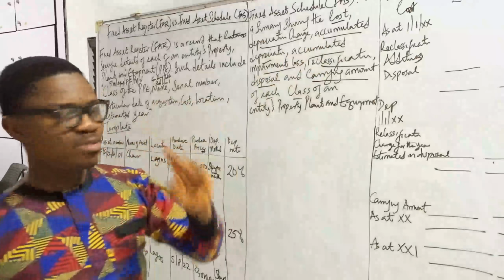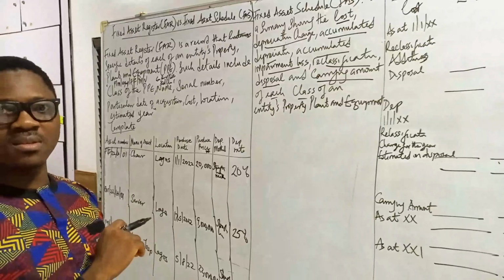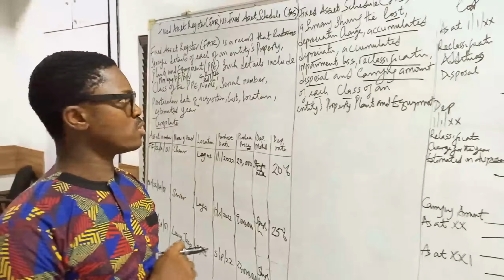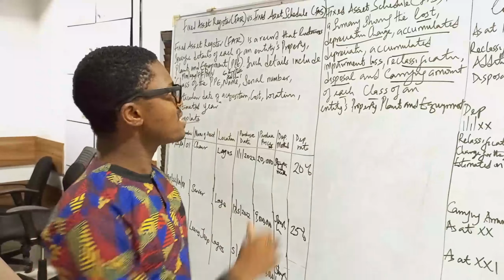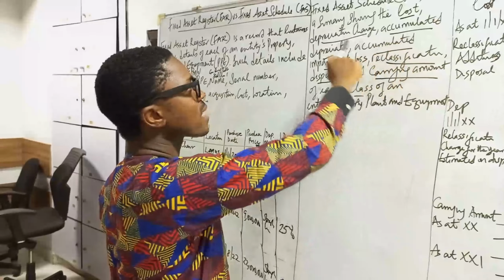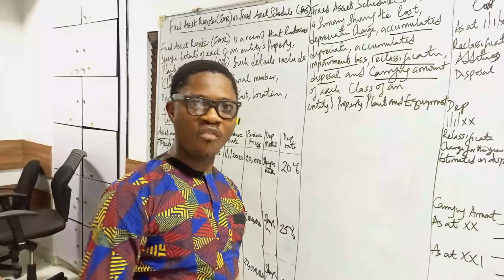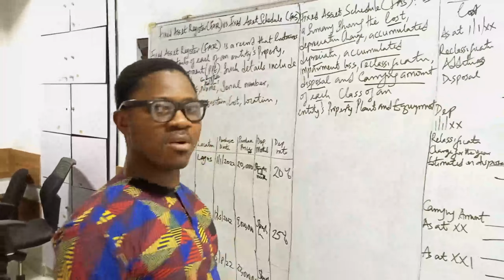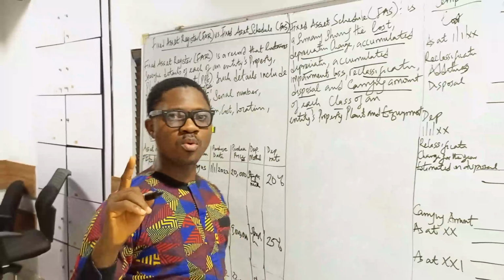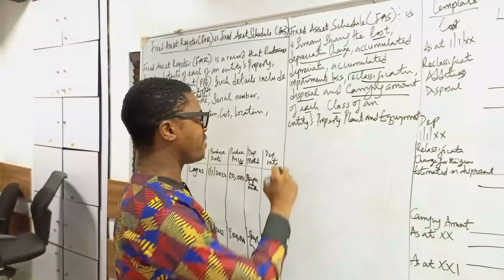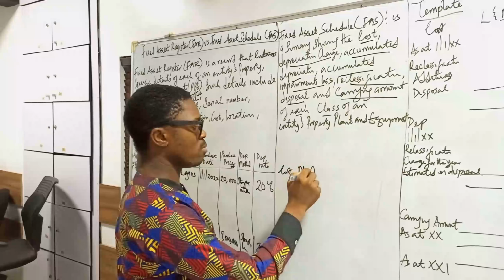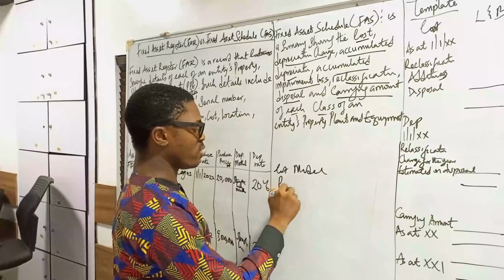And please do note, as discussed in a previous episode, that accumulated depreciation is the year in year out depreciation of an asset over time. Recall that we have two models, the cost model and the revaluation model.